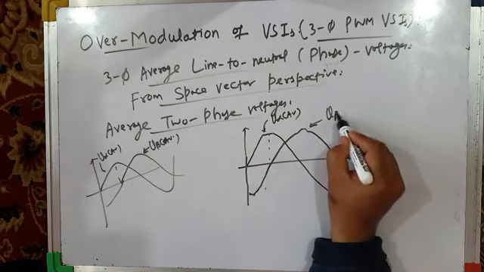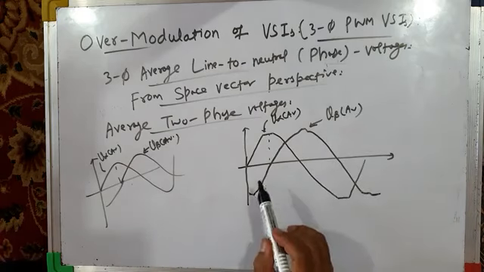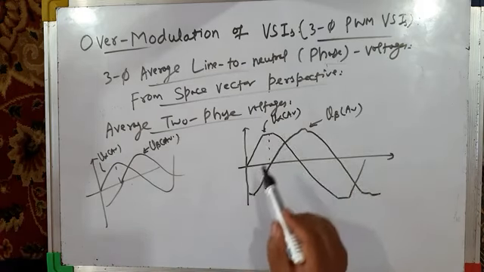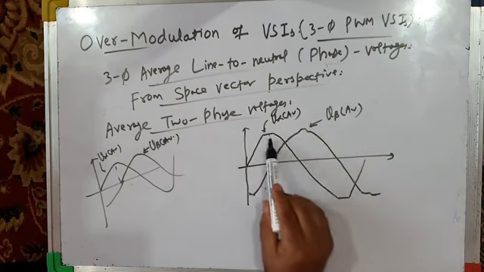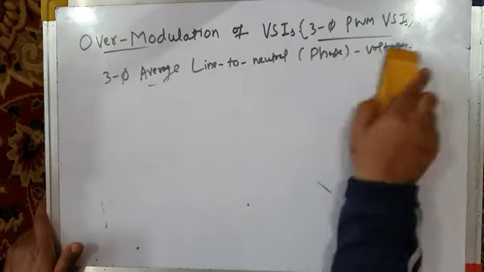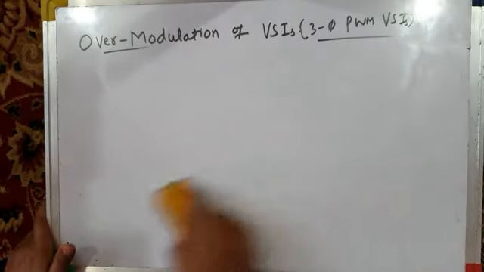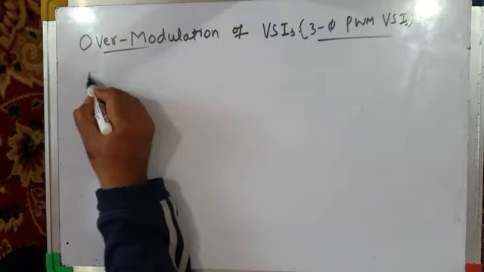This is V beta average. So in the space vector plane, the two phase voltages V alpha average and V beta average also get distorted because of over-modulation. Okay. Now from the space vector perspective, for m equal to 1.1, let us try to see the magnitude of the average reference voltage vector over a cycle, over a line cycle.